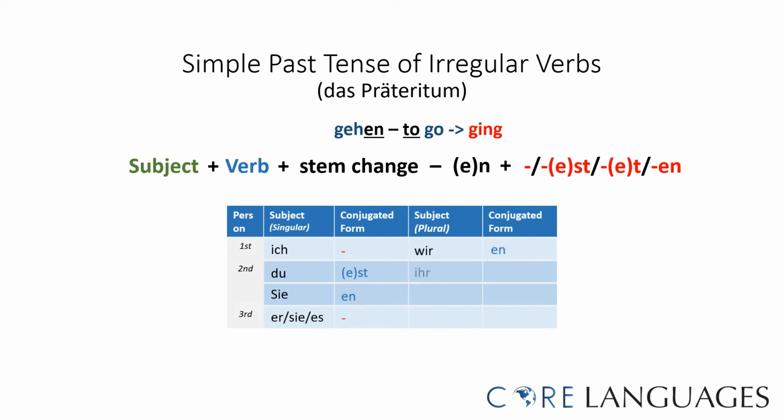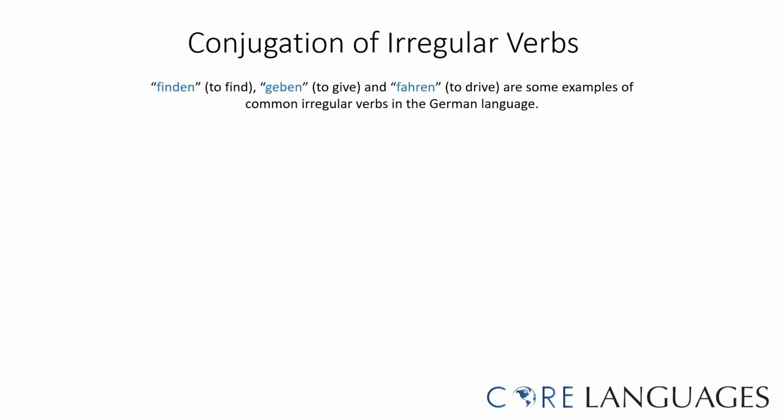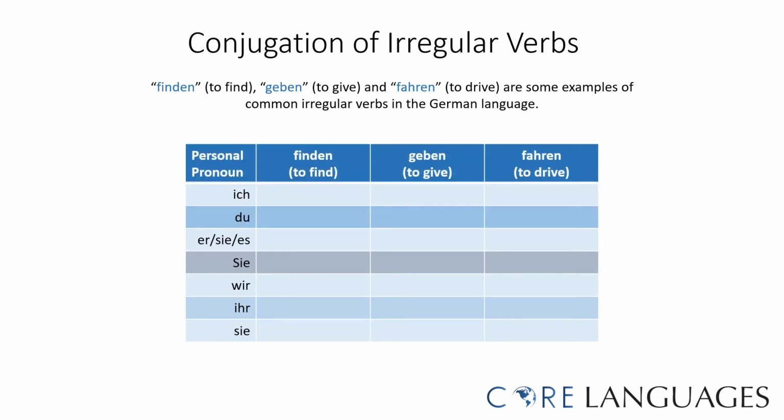Wir adds en, ihr adds et or t, sie adds en, and sie adds en. The verbs finden, to find, geben, to give, and fahren, to drive, are some examples of common irregular verbs in the German language. Feel free to repeat after me.